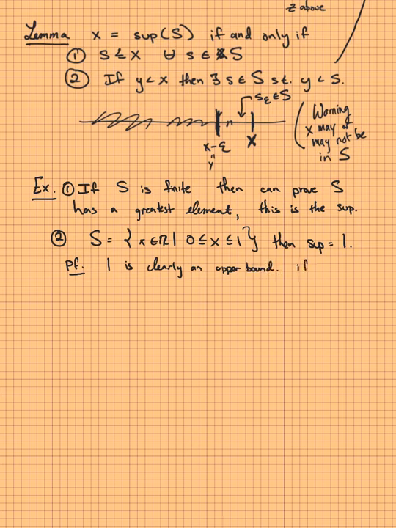And then if you have this element v less than 1, there's going to be some element s prime so that v is less than s prime. Therefore v is not an upper bound.